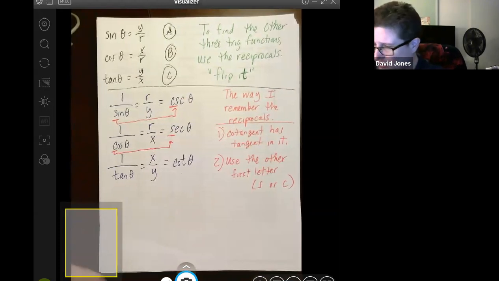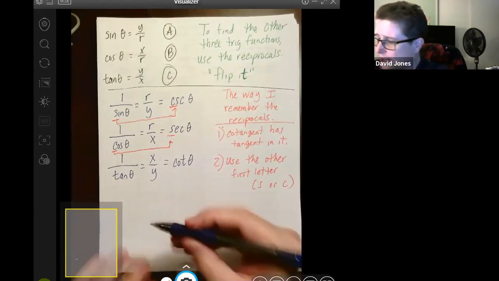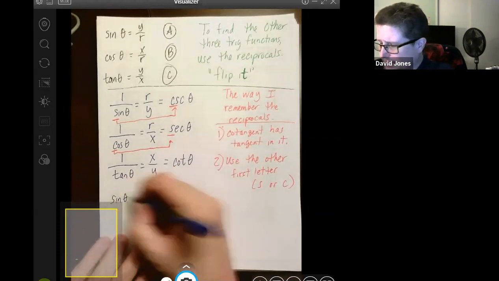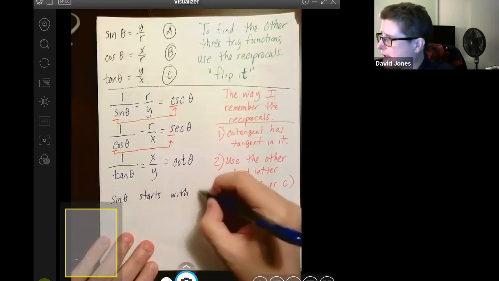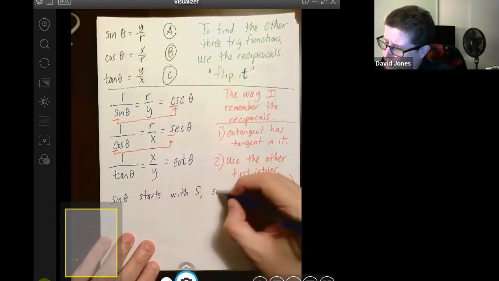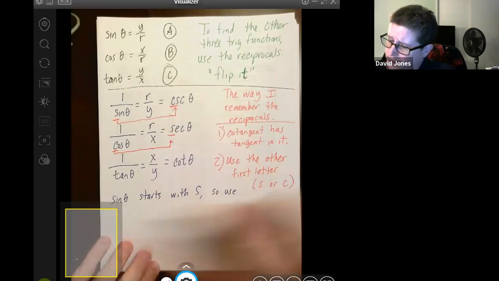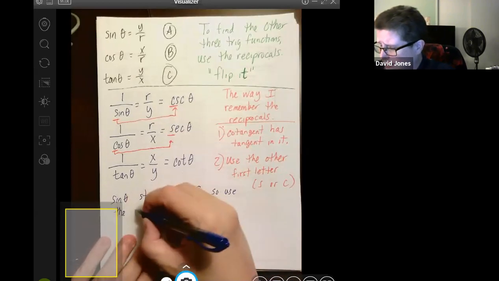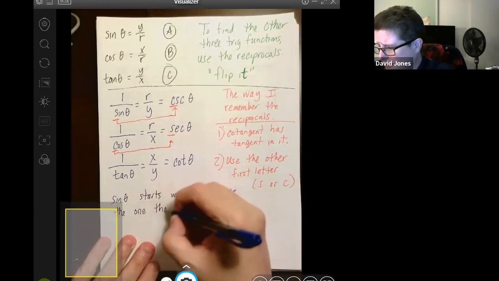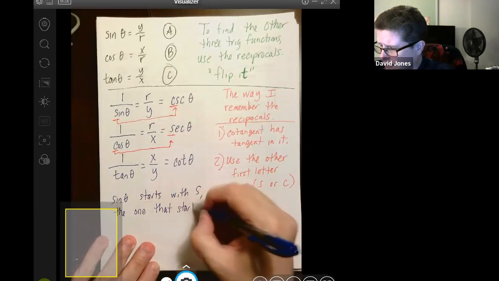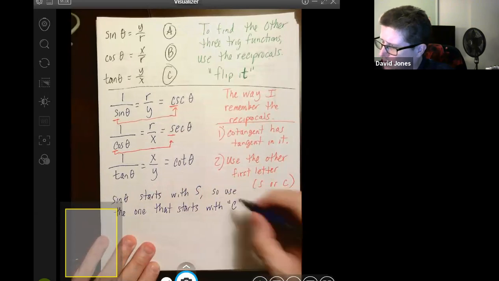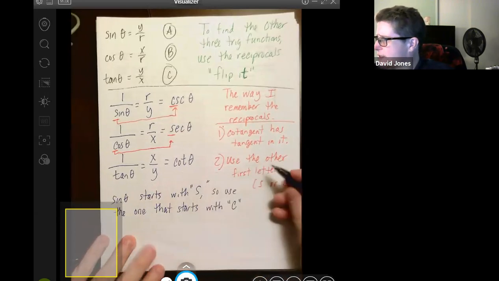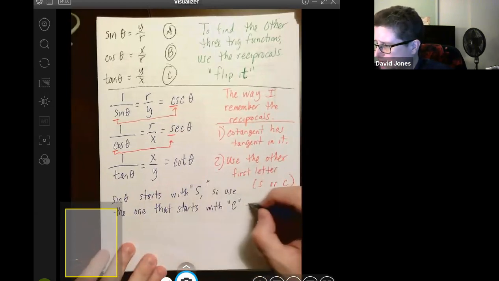Maybe I'll write that down so it's in the notes too. Sine theta starts with S. So use the one that starts with C. Cosecant.